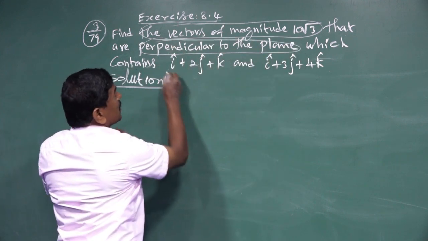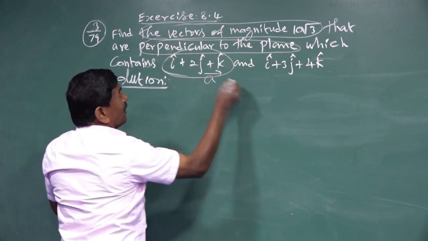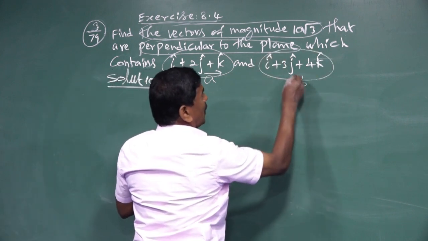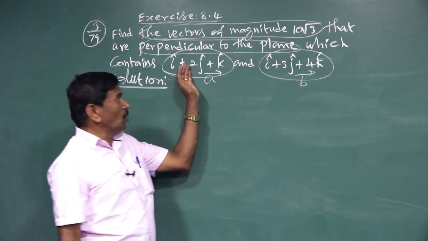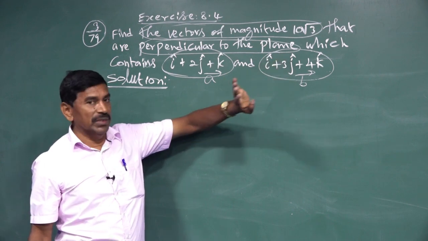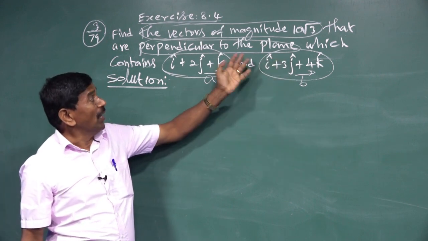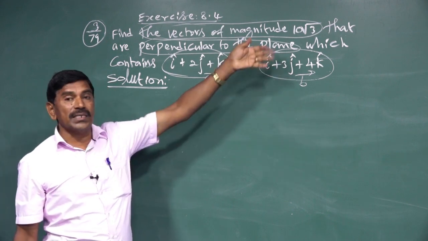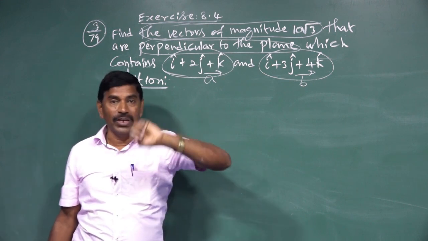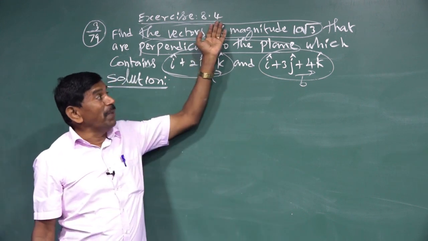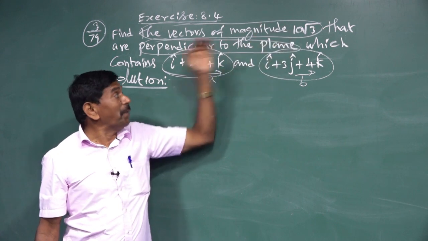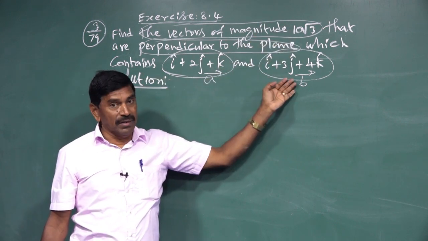Let A vector equal the first one, B vector equal the second one. Now, can you tell me what form this question is of? Very good. The vectors of magnitude 10 root 3 which are perpendicular to both A vector and B vector.